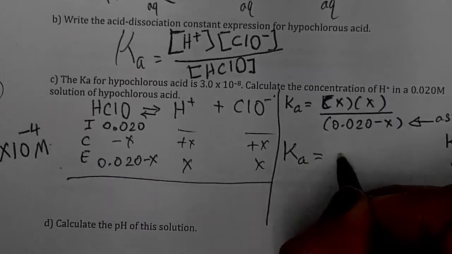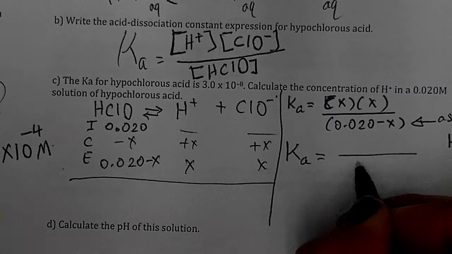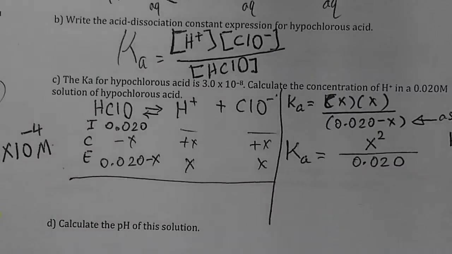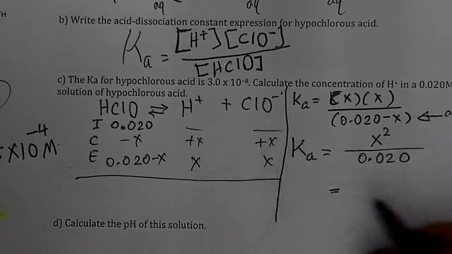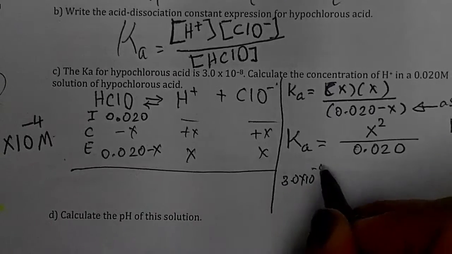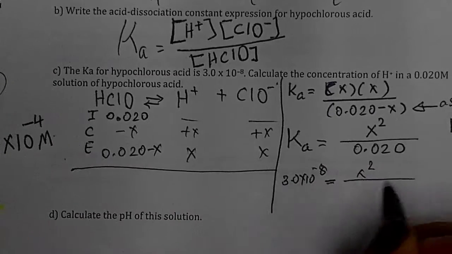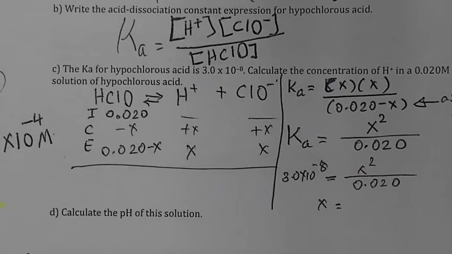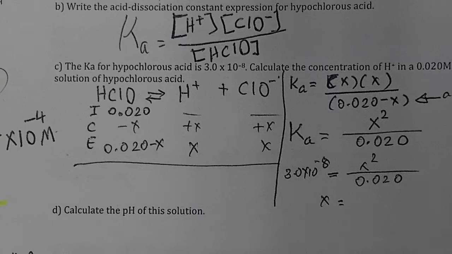So down here we say 0.020, and the top is x squared. Let's solve it. We get 3.0 times 10 to the -8 equals x squared over 0.020. So your x is, okay, that's the math. I'm not going to do that. Okay, so what do we get?